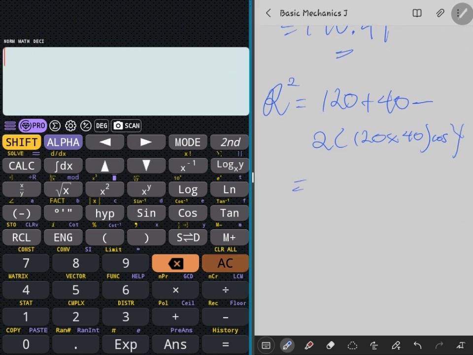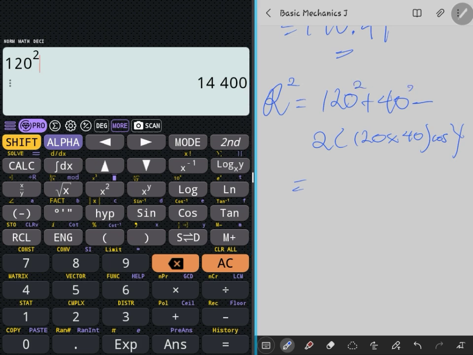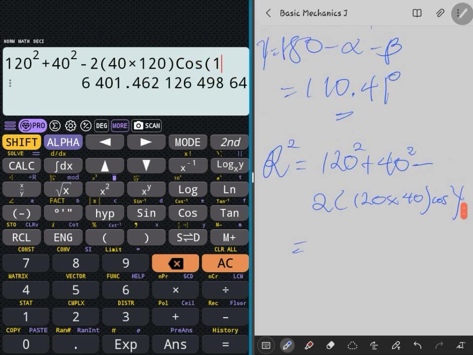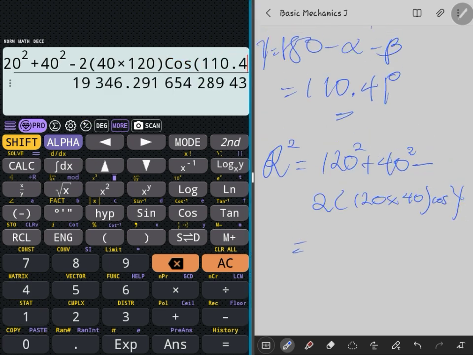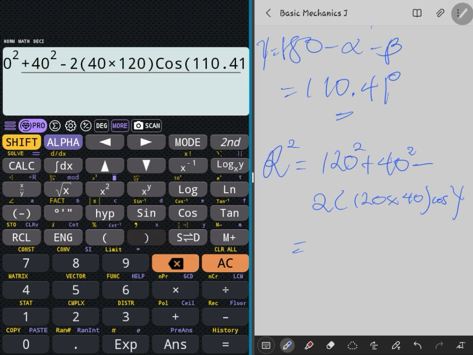Let's see: 120 squared, plus 40 squared, minus 2 brackets 40 times 120, cos of this angle, which is 110.41.